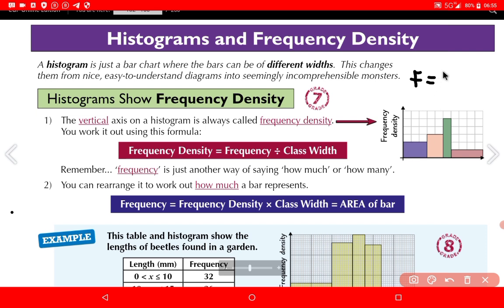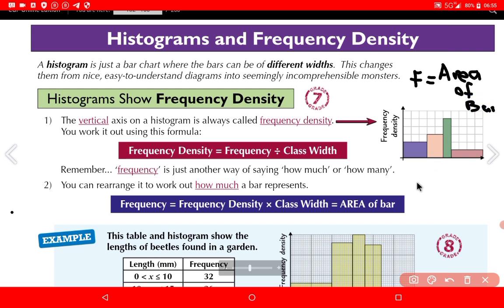Frequency is equal to the area of the bar.